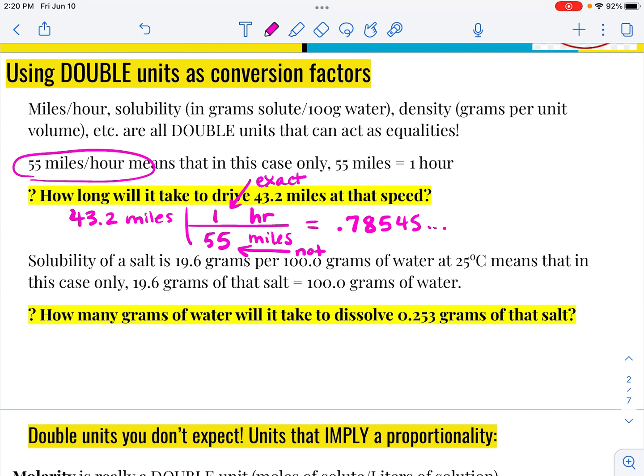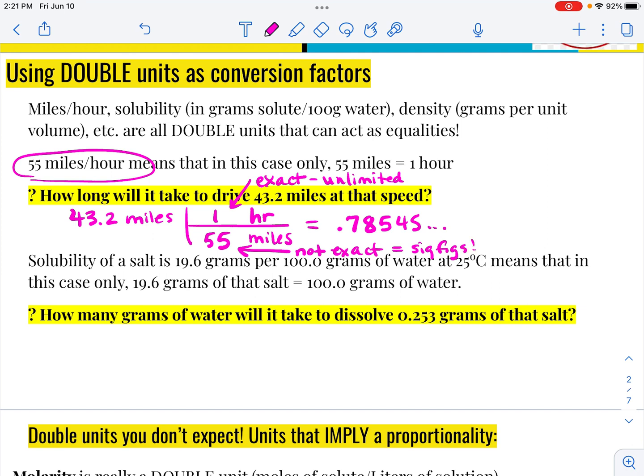This could be 55.0, 55.2, 49.5, etc. It's going to depend on how I recorded it from my speedometer. So this is not exact, which means sig figs matter. The exact means unlimited sig figs, and the not exact means sig figs matter.